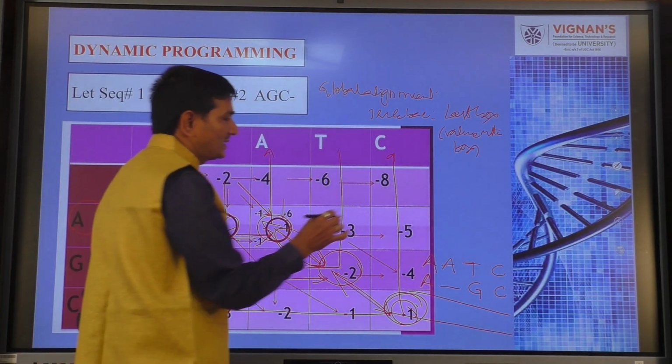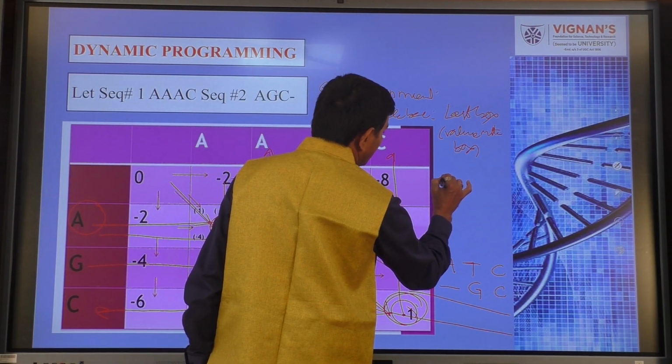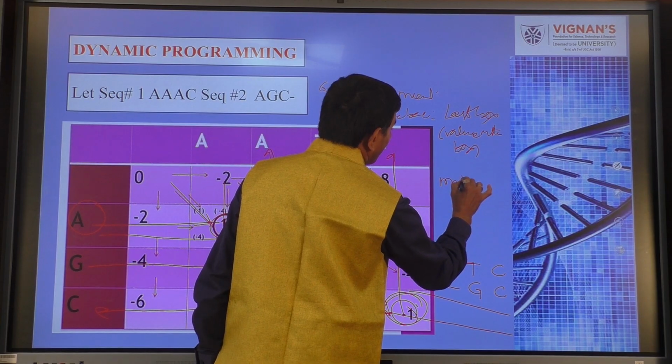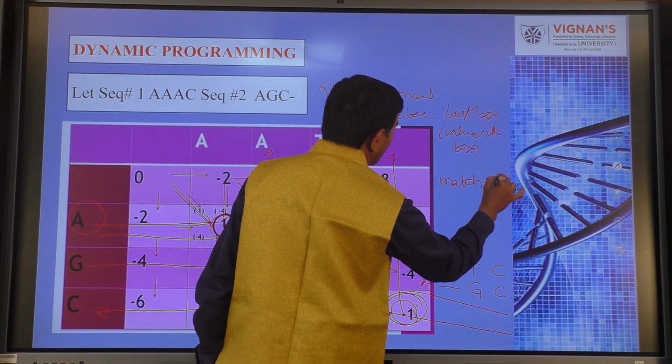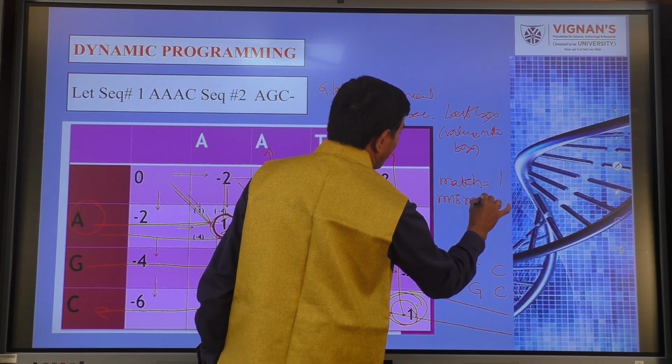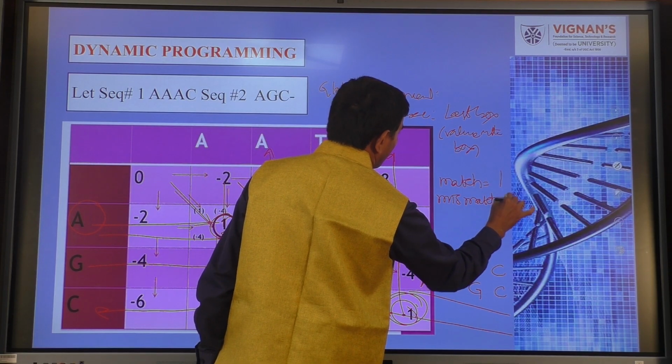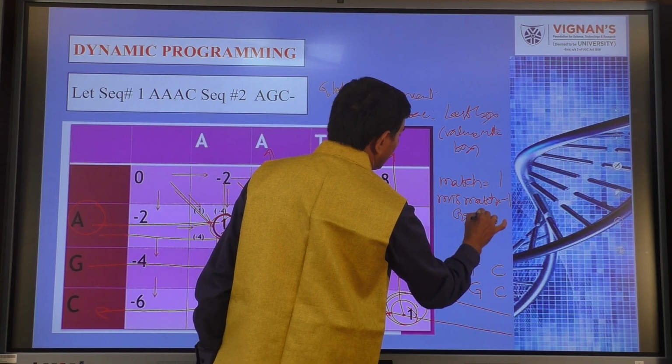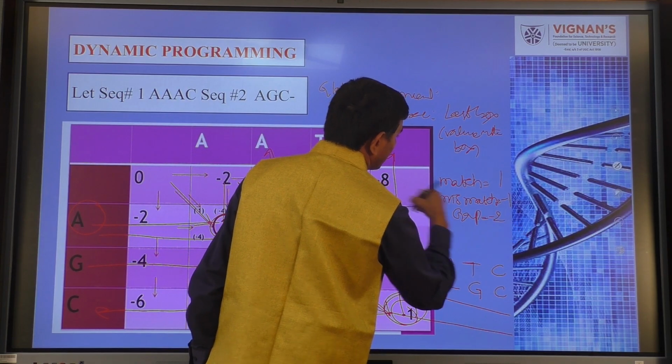Right. So, in the initialization step, we have initialized a positive value for match of 1, mismatch of -1, and then gap of -2.